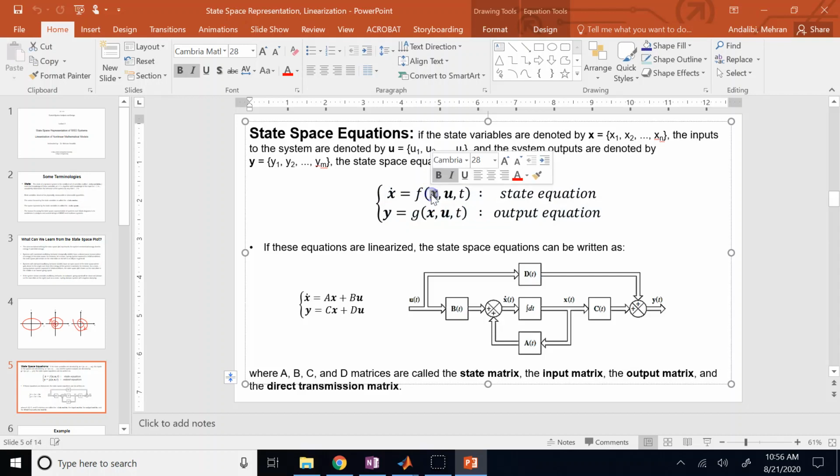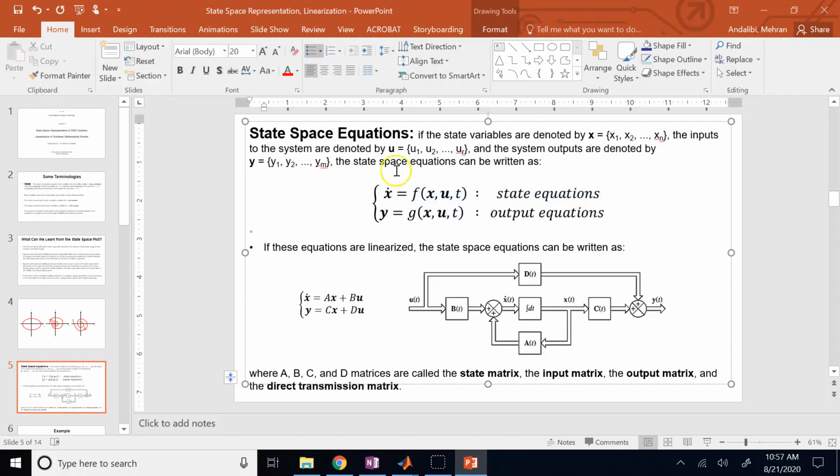The states themselves, the inputs, and potentially time, if your system is time variant. And then you show also that your outputs, each one of them, is a function of what? The states, the inputs probably, and again, potentially time. So the goal is to form a bunch of output equations and a bunch of what? State equations. Once you figure this out, that's over.